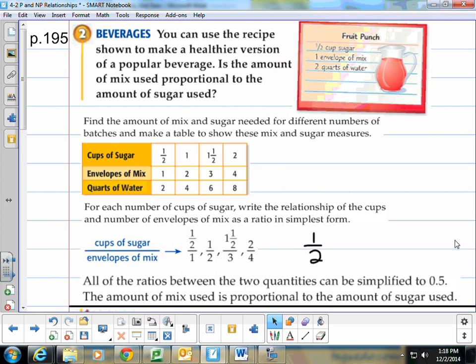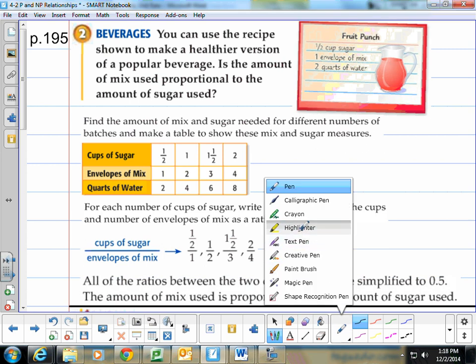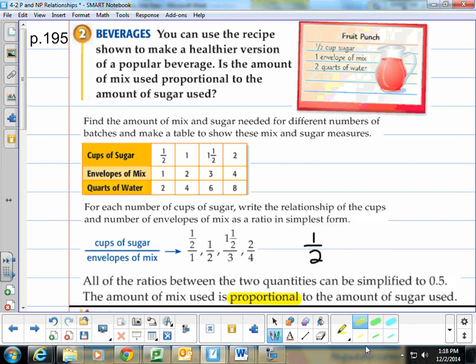So since all the ratios between the 2 quantities can be simplified to 1/2, the amount of mix is proportional to the amount of sugar. Since they all simplify to 1/2, they stay constant, the ratio stays the same, it is proportional. Maybe I'll highlight that for you because they stay the same.